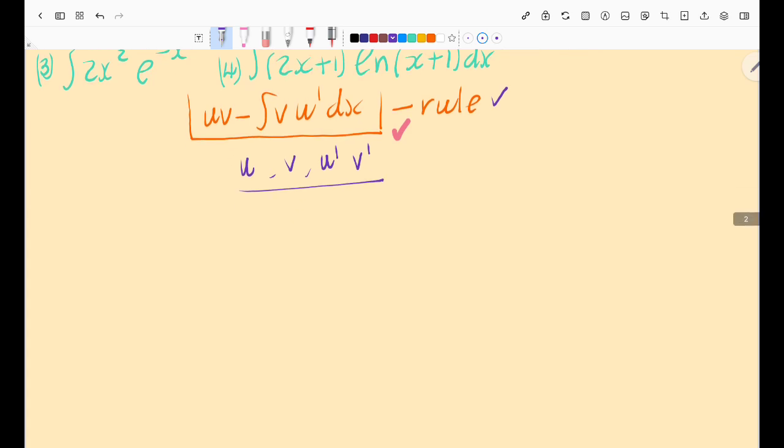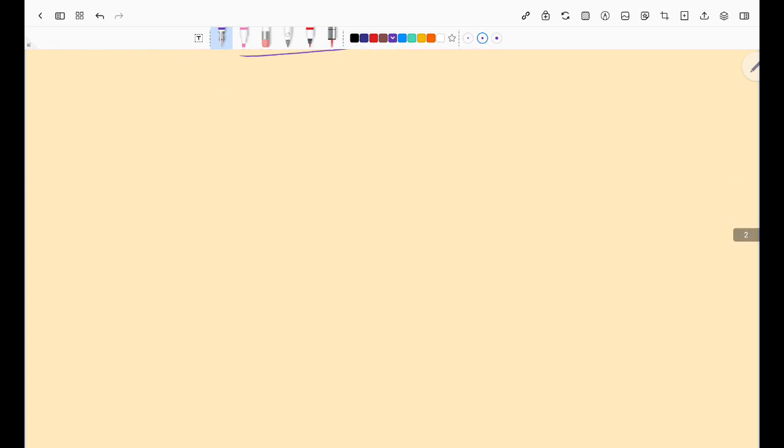So the first question says, let's use black to answer the questions. So the first question says, integrate the function x plus 2 times e to the power of 2x. Obviously that times is not there.